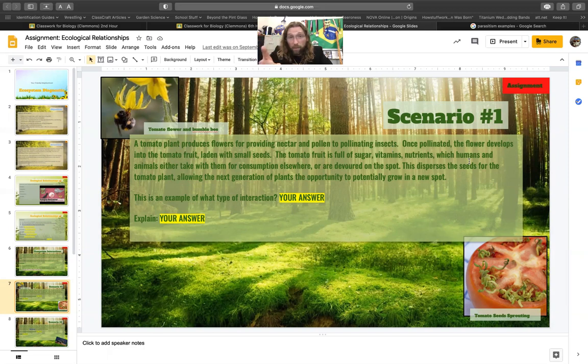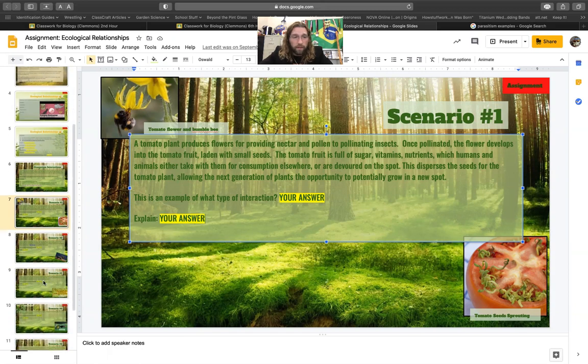So I'm asking about that relationship here. Is it mutualism? Is it predation? You have to explain. So you come here and say, I think this is an example of mutualism. And then for your explanation, here's why this is mutualism, and you explain, okay?